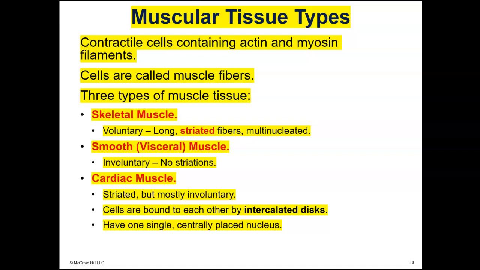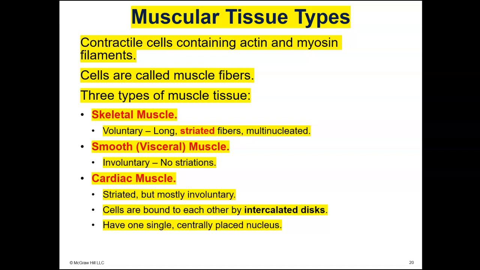So smooth muscle is found basically lining your tubes. So the tubes that form your airways, that move air through your respiratory system, like your trachea and your bronchi and your bronchioles, all of those are lined with smooth muscle.